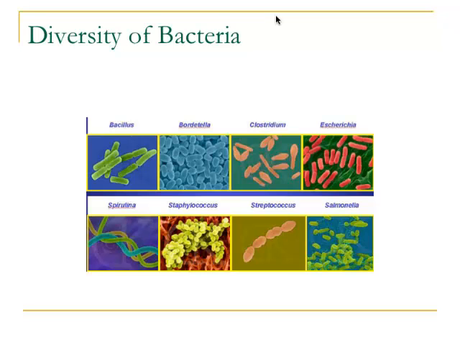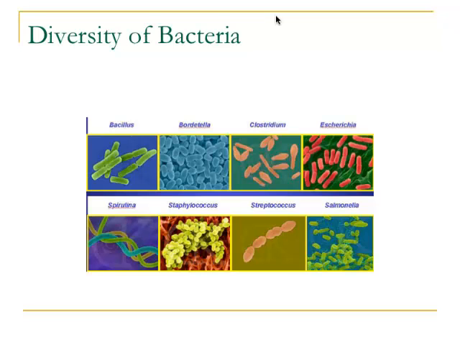The Bacillus genus is a soil-dwelling bacteria that is able to form endospores. Bordetella, things like Bordetella pertussis, is an example of a pathogen that causes whooping cough, a bacterial respiratory infection.